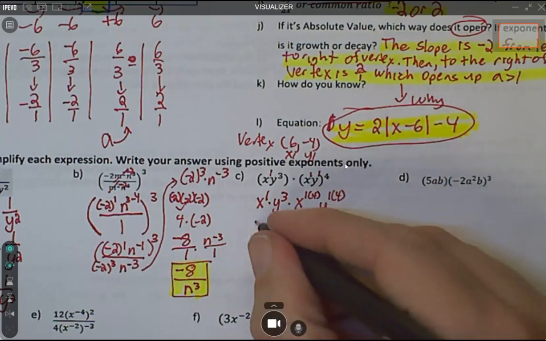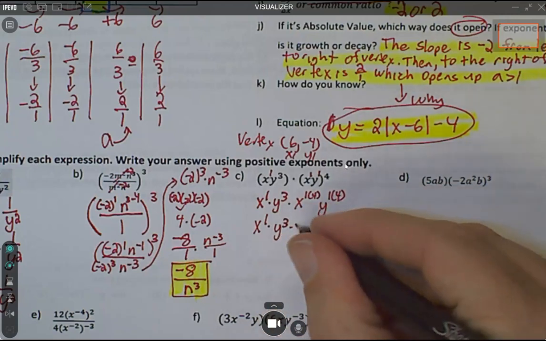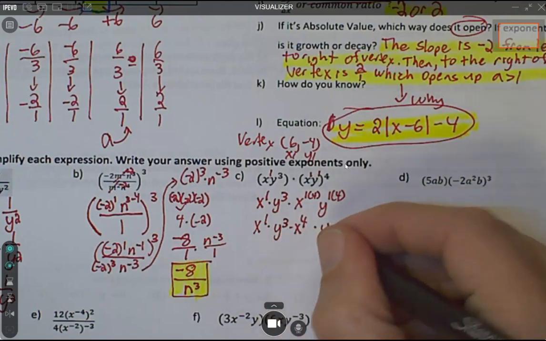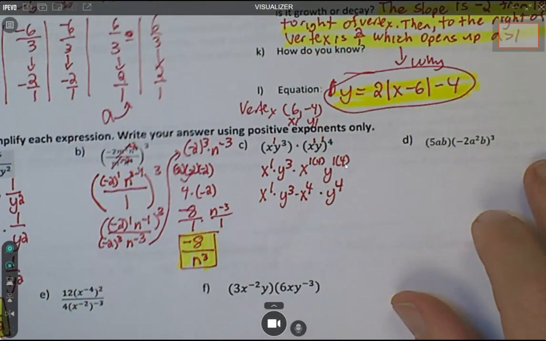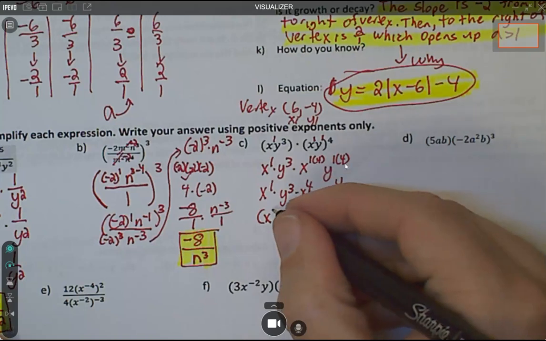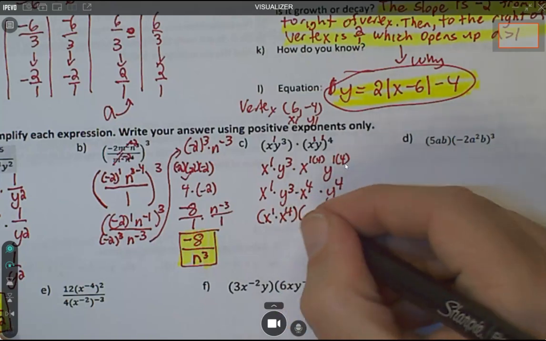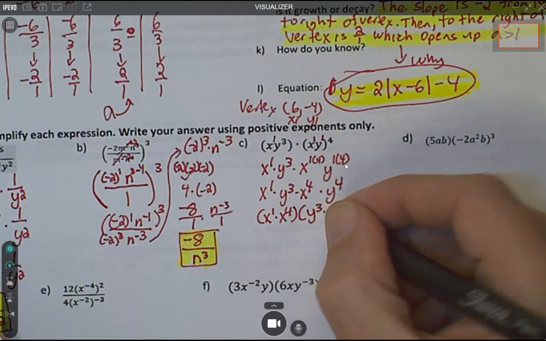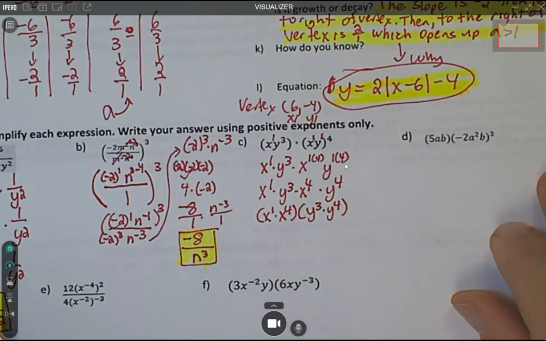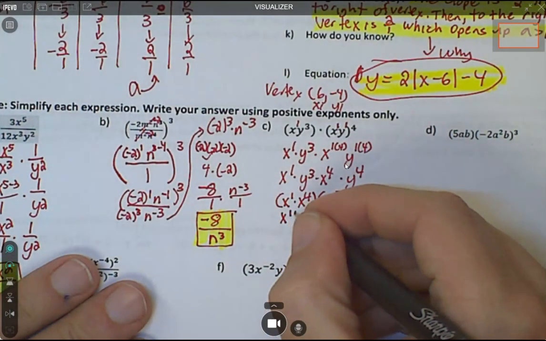So now I've got x to the first times y to the third times x to the 4th times y to the 4th. So to show you what I'm doing, x to the first times x to the 4th, y to the third times y to the 4th. When you multiply two powers with the same base, you add the exponents.